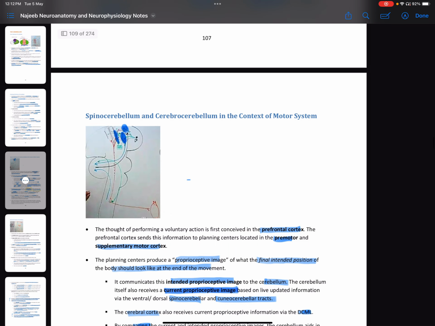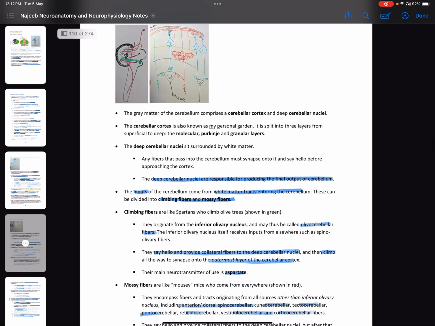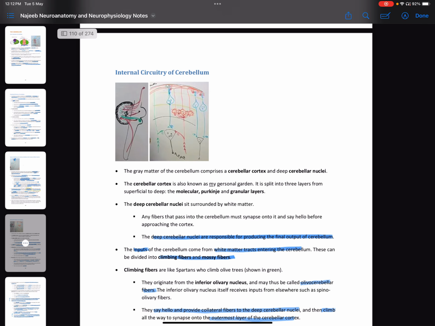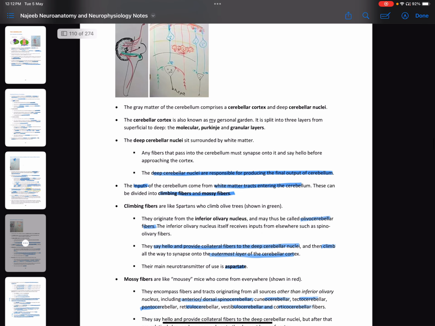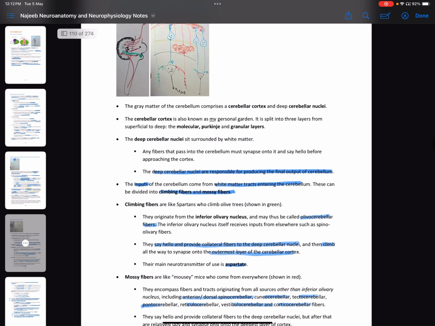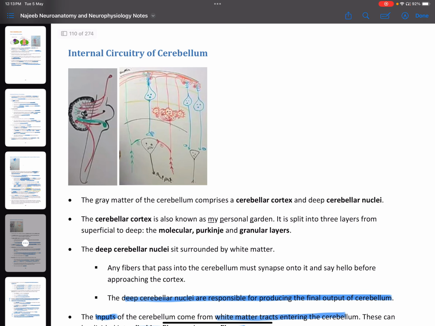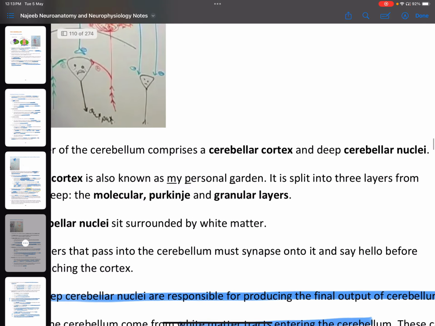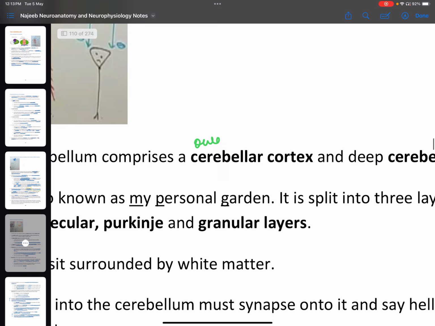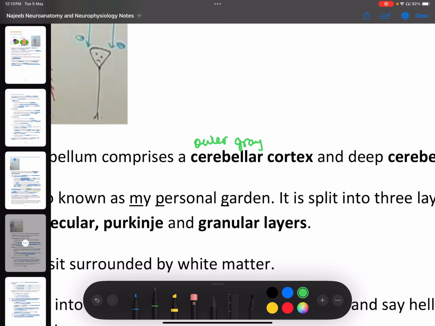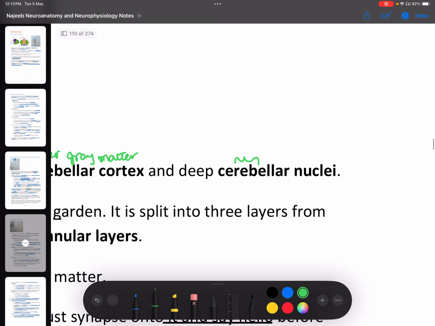Before that, we are talking about the internal circuitry. Here we are saying that the gray matter of the cerebellum comprises the cerebellar cortex and deep cerebellar nuclei. So it has outer gray matter and deep cerebellar nuclei embedded in white matter.